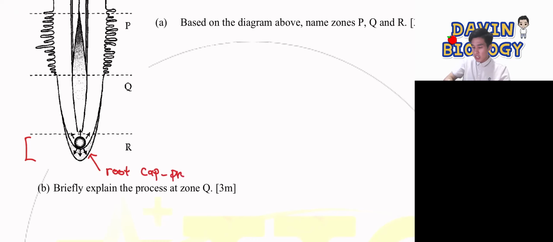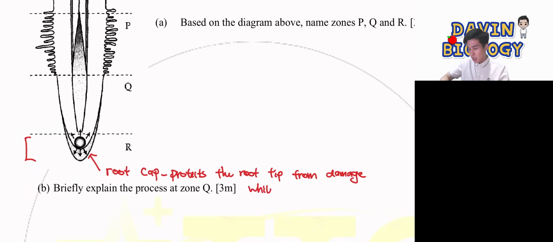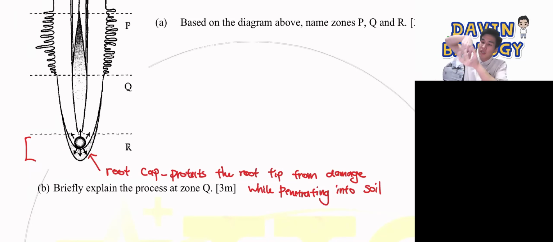So basically, it protects the root tip from damage while penetrating into the soil. Because sometimes the soil will have hard stones. Sometimes the soil will be dry, very hard, very compact. And when you penetrate it, sometimes the root tip will be damaged. So this is there to protect it.